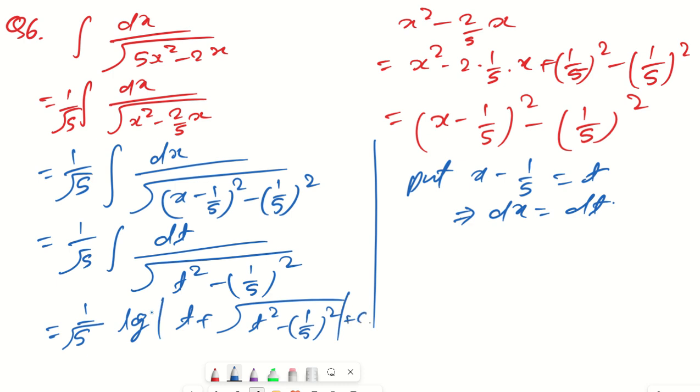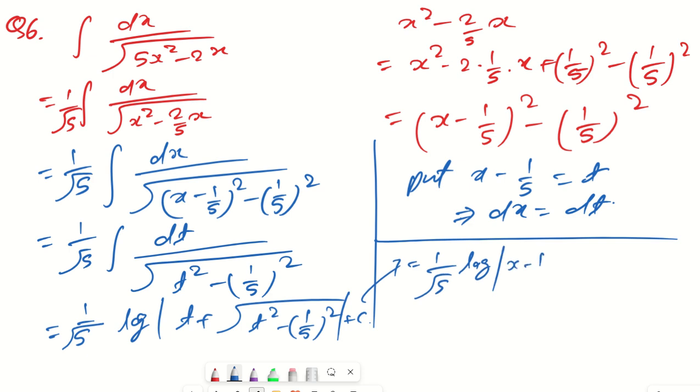Okay. Now our aim would be to replace this t with x minus 1 by 5. So we can write it down next, 1 by square root of 5 log of mod of x minus 1 by 5 plus square root of this t square minus 1 by 5 square.